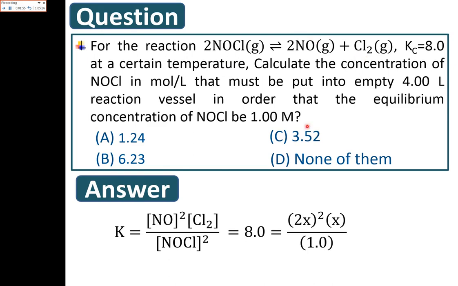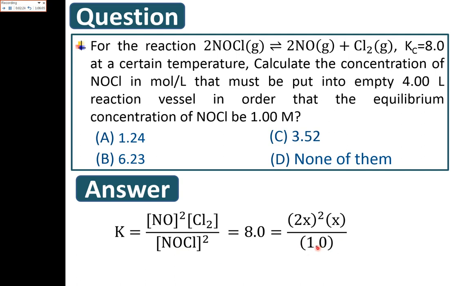Okay, so at equilibrium, we should have an equilibrium like this one. At equilibrium, 2x squared for NO, x for Cl2, and NOCl is supposed to be A minus 2x squared. But he gave you the concentration of NOCl at equilibrium.